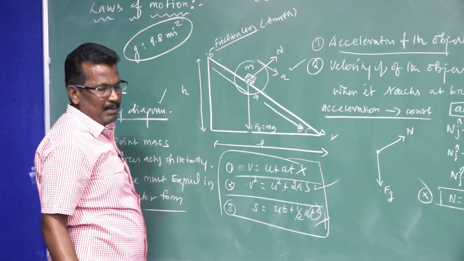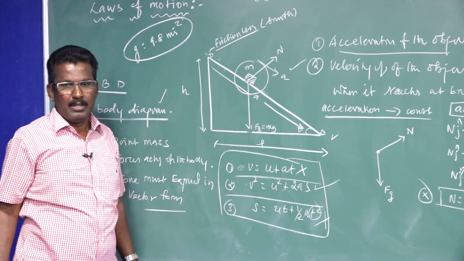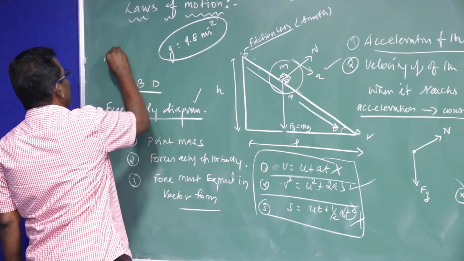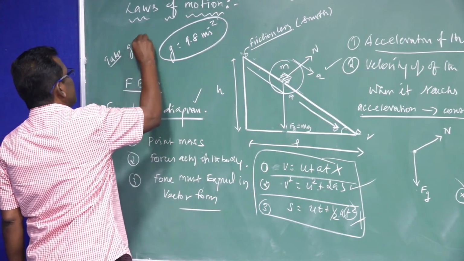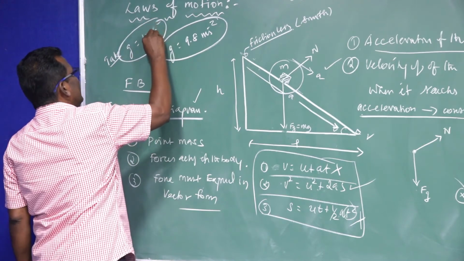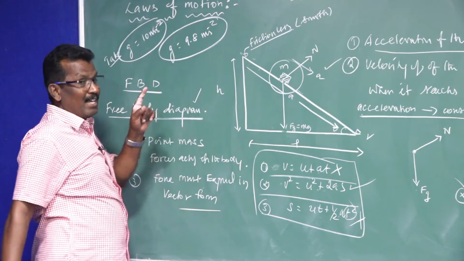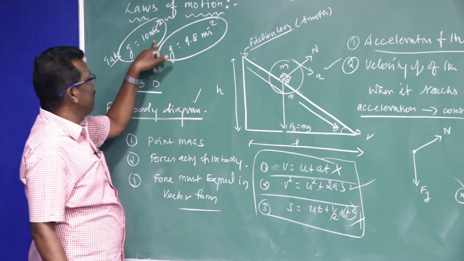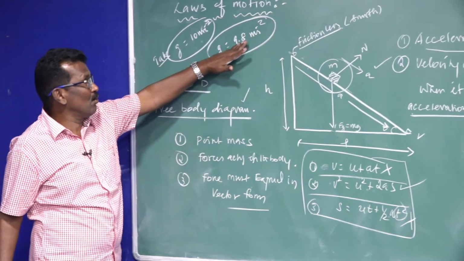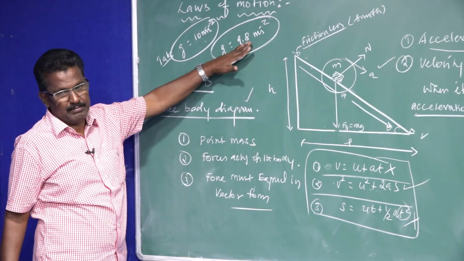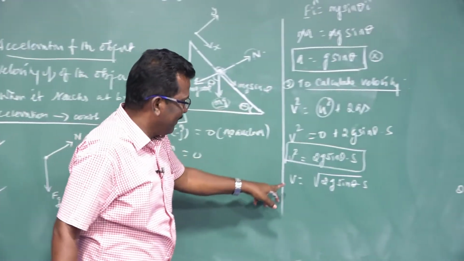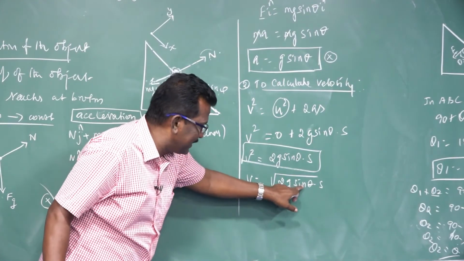But sometimes in mathematical calculations, the question itself says take g is equal to 10 meter per second square, then use only the 10. If 10 meter per second square is not given, you always by default use 9.8 meter per second square. Okay. So a is equal to g sin theta and the velocity v is equal to root of 2 g sin theta s.